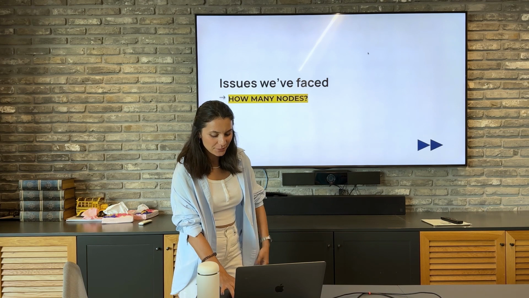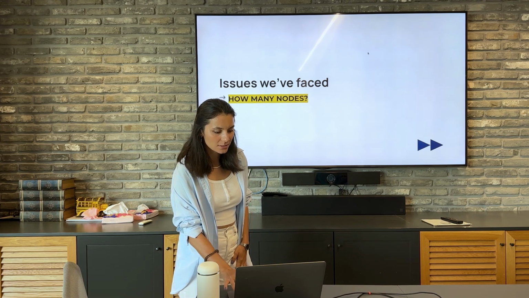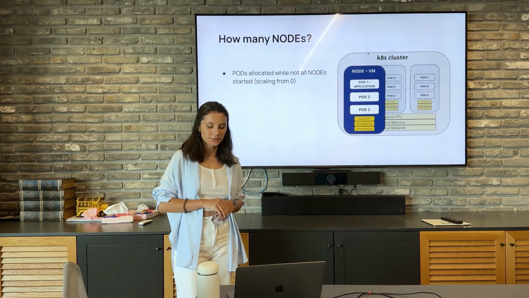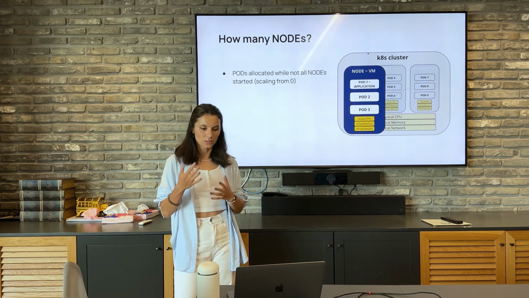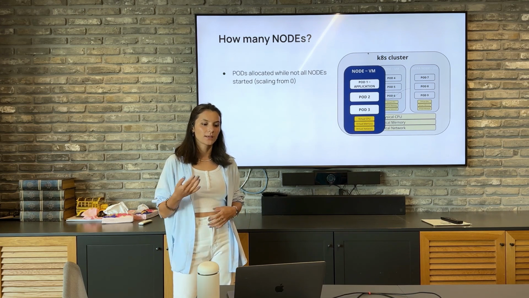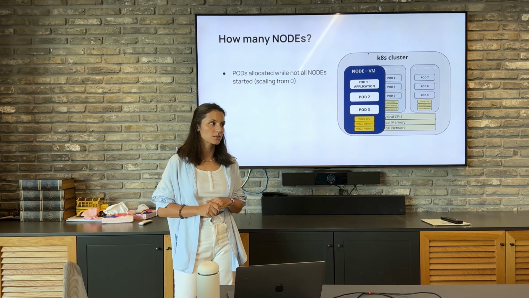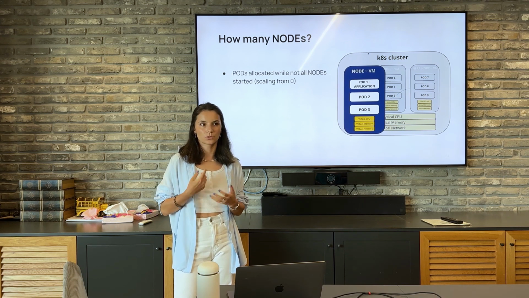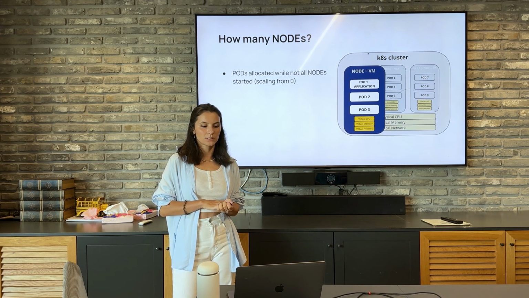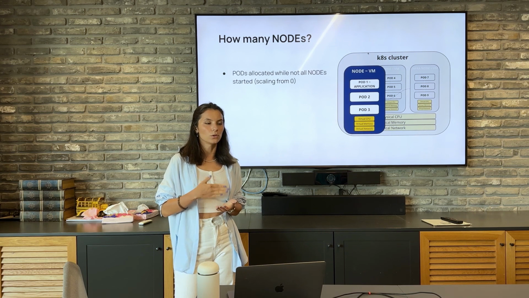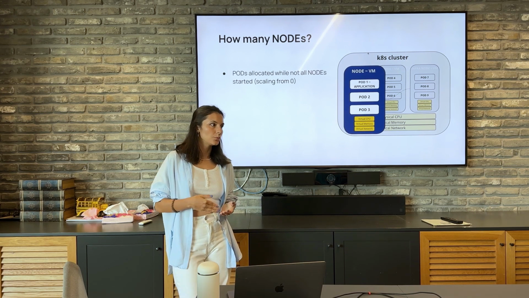The second issue is how many nodes. As we already talked, it's all the time scaled from 0. The first issue that we faced was that pods started allocating to the nodes before all nodes were up. What does it mean?